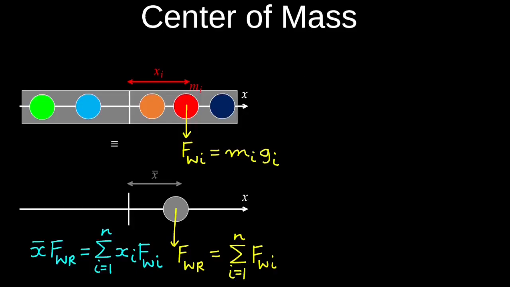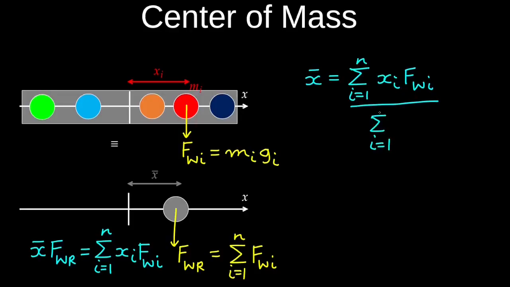And if you divide through by the resultant weight, and then substitute for the weight, so this here is called the center of gravity, where the gravitational acceleration is non-uniformly distributed across the solid.